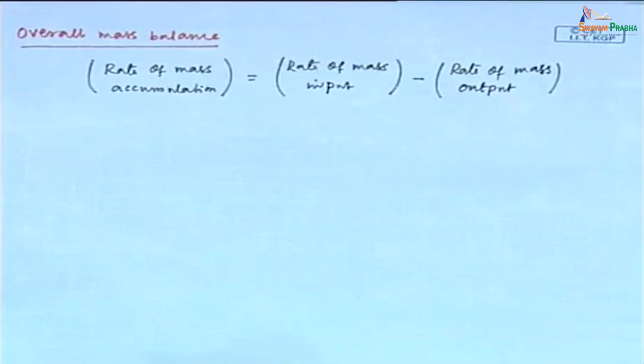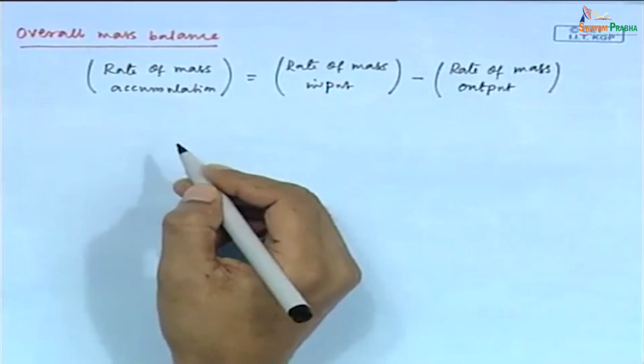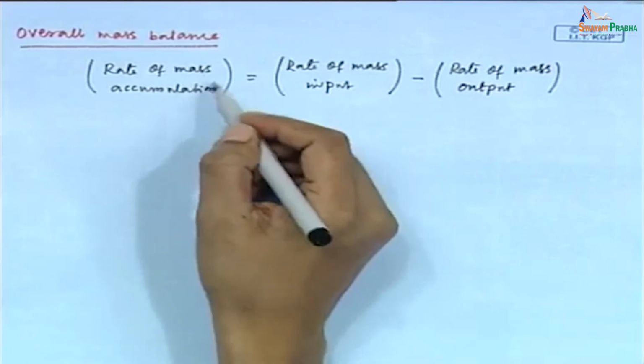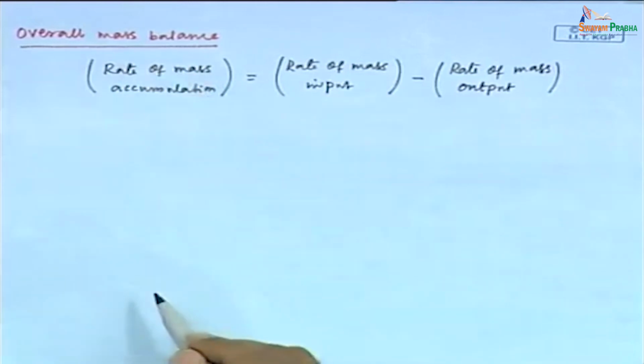Now for this CSTR system, how can we represent the mass accumulation?